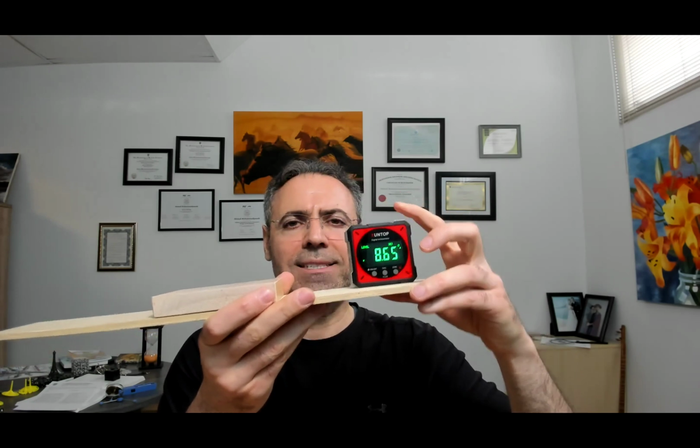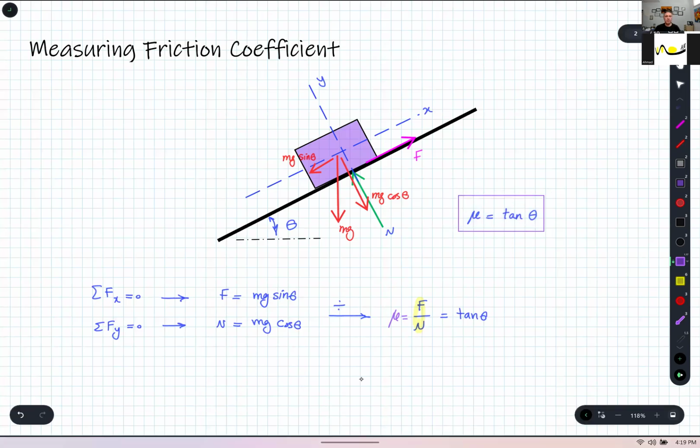So that's the angle, let's say 12 point something. And the tangent of that angle gives me the friction coefficient, whatever that value is. Let's share my screen again and come back to the idea that we will discuss.